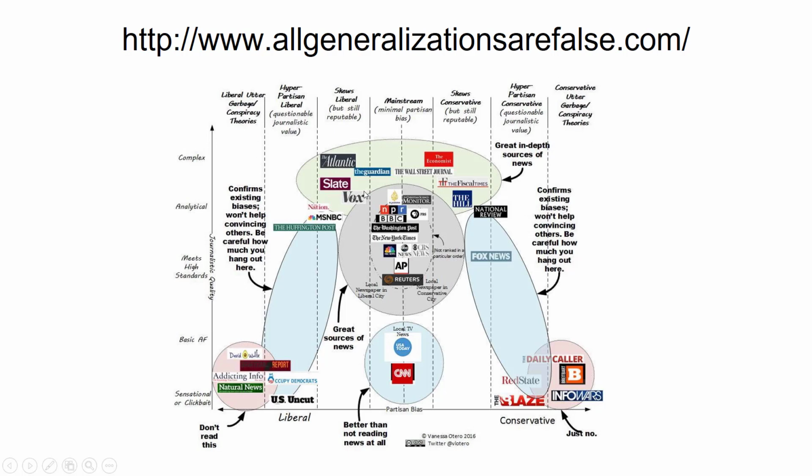When you go very far out on the spectrum and move far away from this center, you get very simple. You have things like InfoWars and Blaze and the Daily Beast versus Addicting Info and Occupy Democrats and US Uncut, that are down here, very far extremist views of left versus right, but they're also very, very simple.